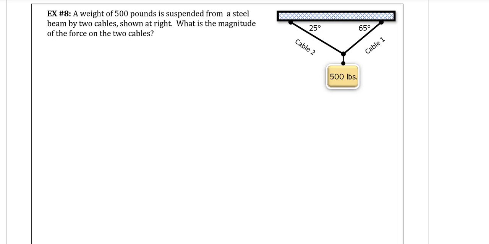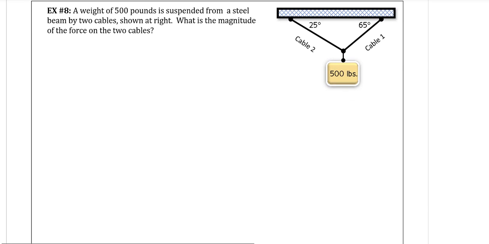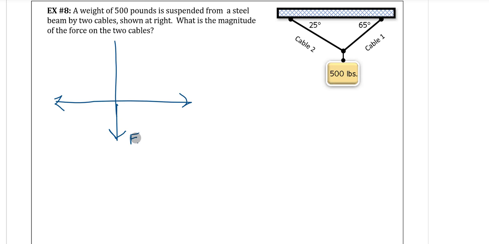First, you have the weight of the 500 pounds pushing down this way. We'll call that F3, because the weight is sitting right here. And then we have the forces from the two cables. So we have a force that's pulling back this way, which is F1 with cable 1.